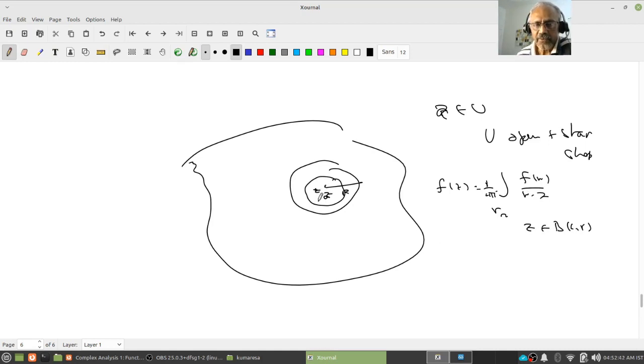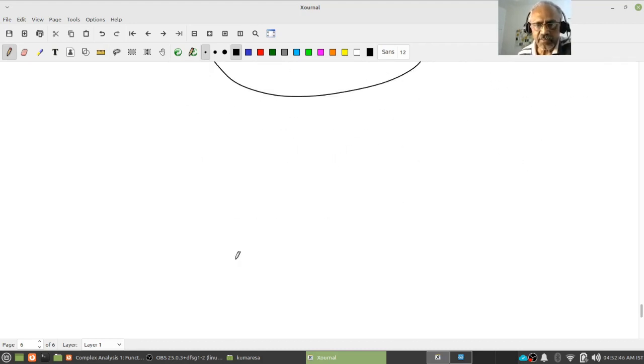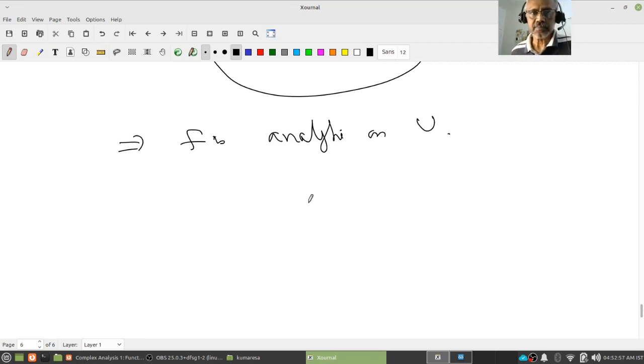Therefore f is analytic at each and every point, therefore f is analytic on U. So we have proved the second most basic fundamental contribution of Cauchy to the study of holomorphic functions.